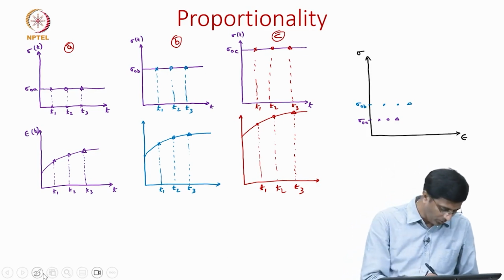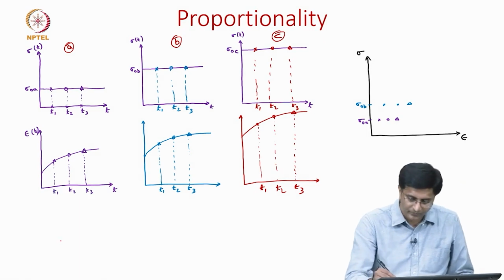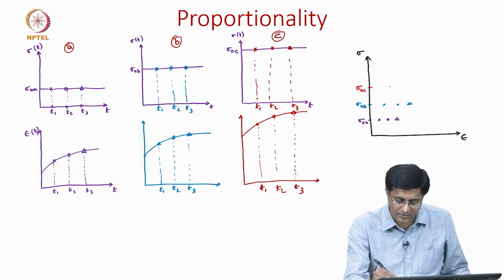Okay. Now moving on to the last test. The load value is sigma naught C and the corresponding strains are somewhere here.